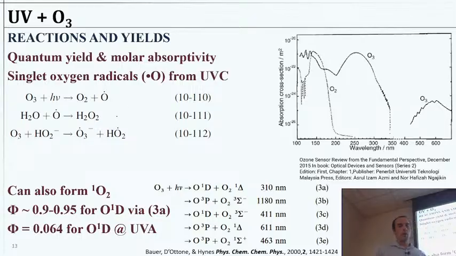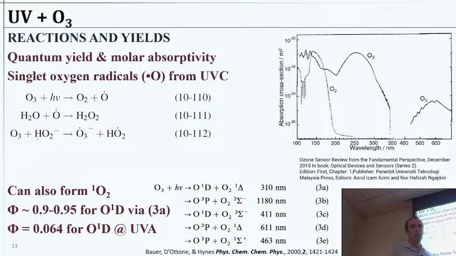Water can then react with that oxygen radical to give us hydrogen peroxide. That would be a redox reaction because the oxidation state of our oxygen is changing from 2- to 1-, so that'll give us peroxide.